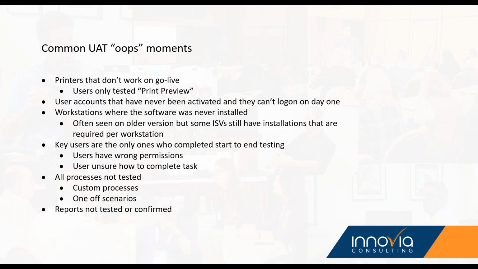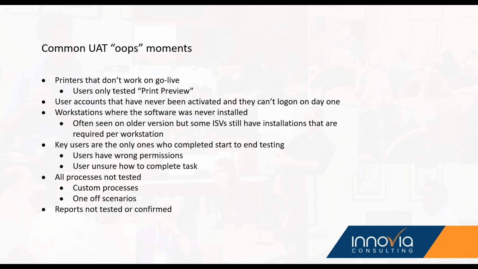One of my favorites is when you have clients that have department-specific permissions. So you have a person who works in the warehouse and they log in and they have permissions assigned to a sales role.